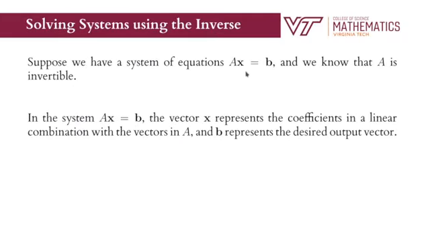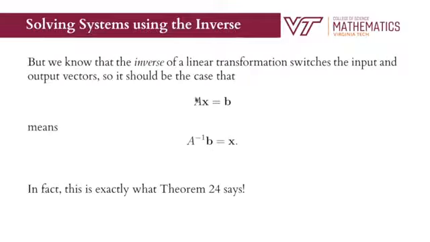I have some system of equations AX equals B, and we know that A is invertible. So if I multiply both sides by A inverse, this gives me A inverse times AX.